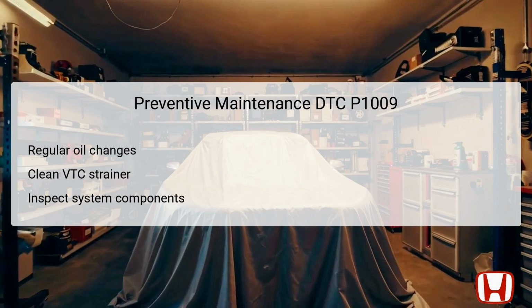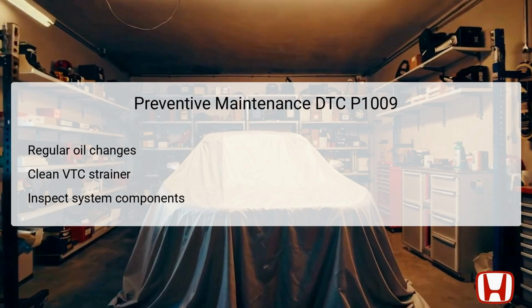Preventive maintenance is critical in preventing future occurrences of DTC P1009. Regular oil changes are the foundation of a well-functioning engine. Clean oil effectively lubricates engine components and prevents sludge buildup. It's also essential to periodically inspect and clean the VTC strainer, as this part can easily become clogged and interfere with oil flow.